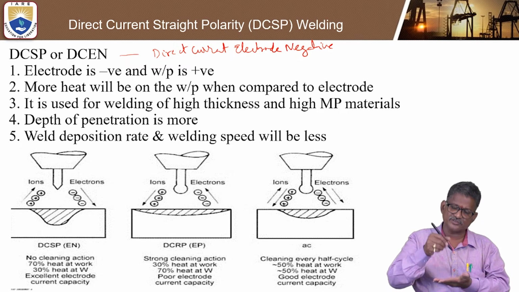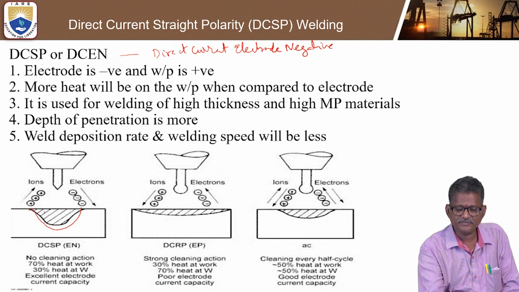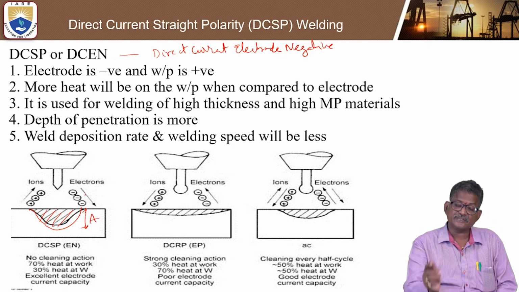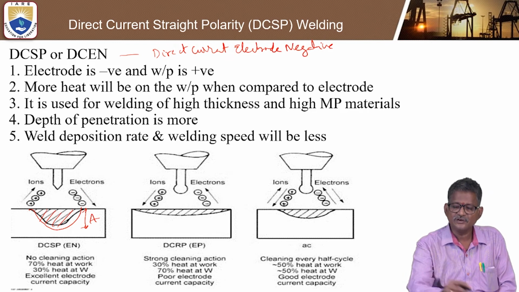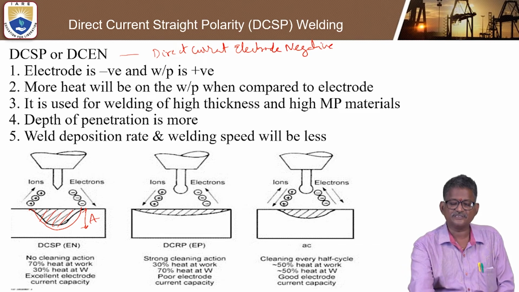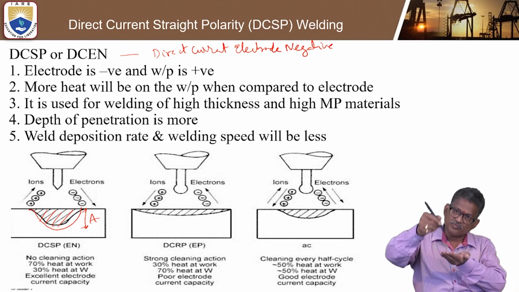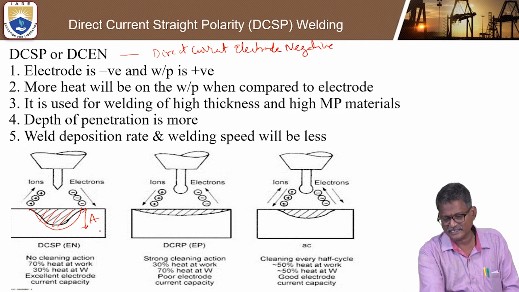When you perform DCSP, the depth of penetration will be very high. If you take the distance, the depth of penetration will be more on the DCSP when compared to DCRP or AC. So with DCSP, the penetration is high, and in the diagram you can clearly understand.